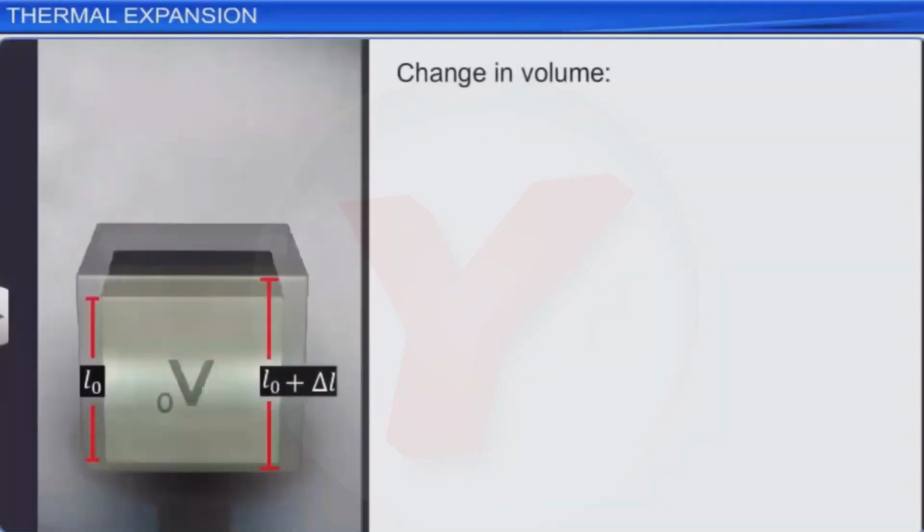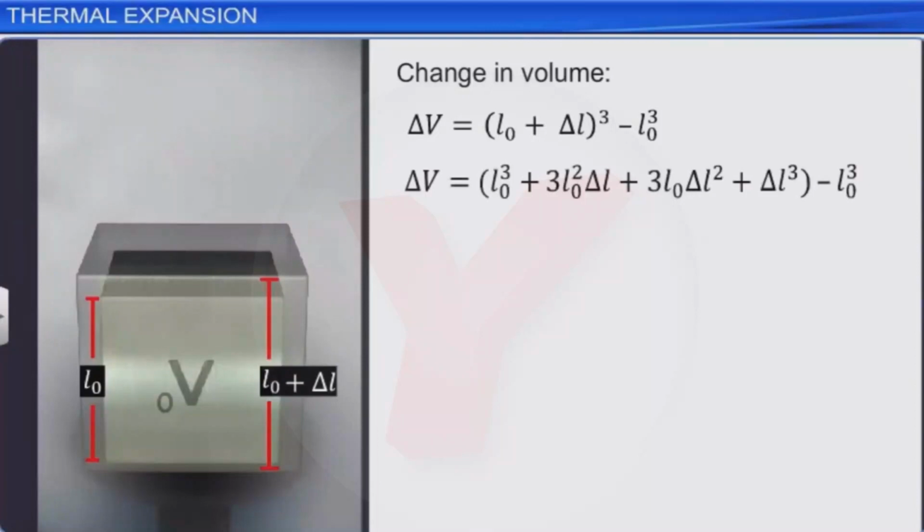Change in volume delta V equals (L0 plus delta L) whole cube minus L0 cube. This is equal to L0 cube plus 3 L0 square delta L plus 3 L0 delta L square plus delta L cube minus L0 cube. The terms delta L square and delta L cube can be ignored as their values are negligible.